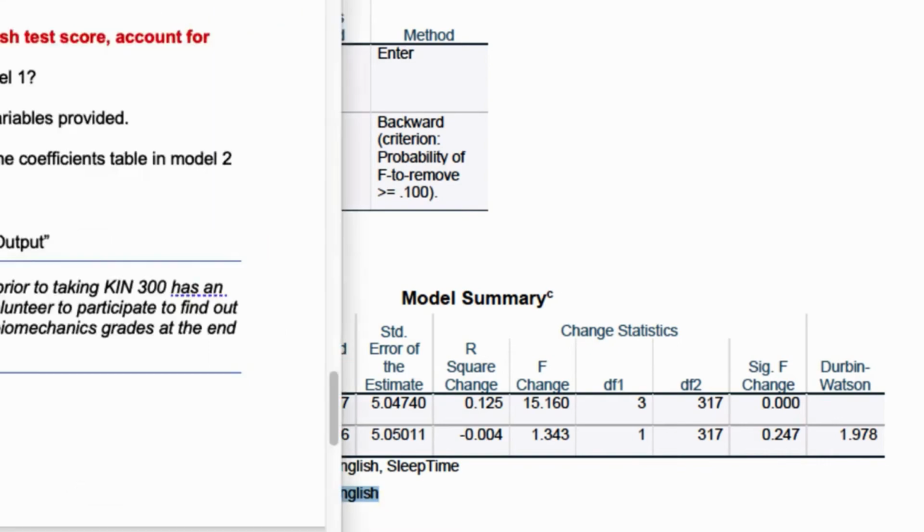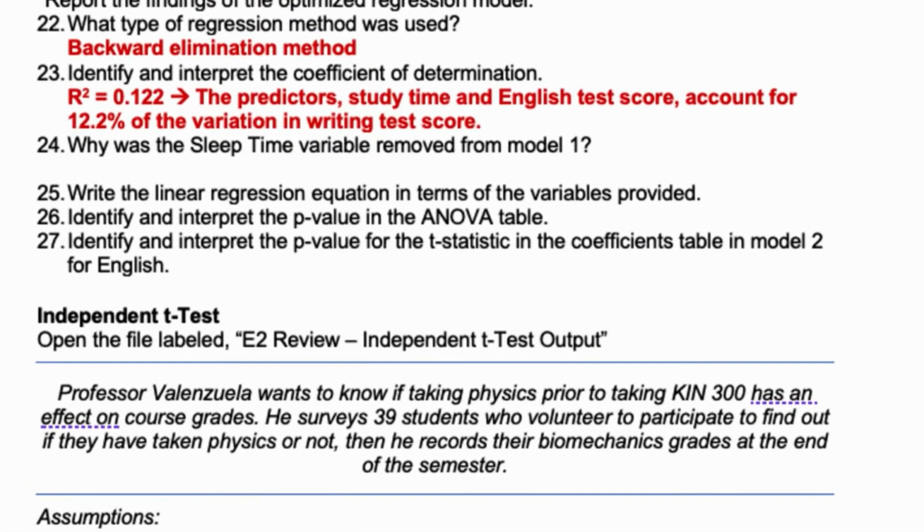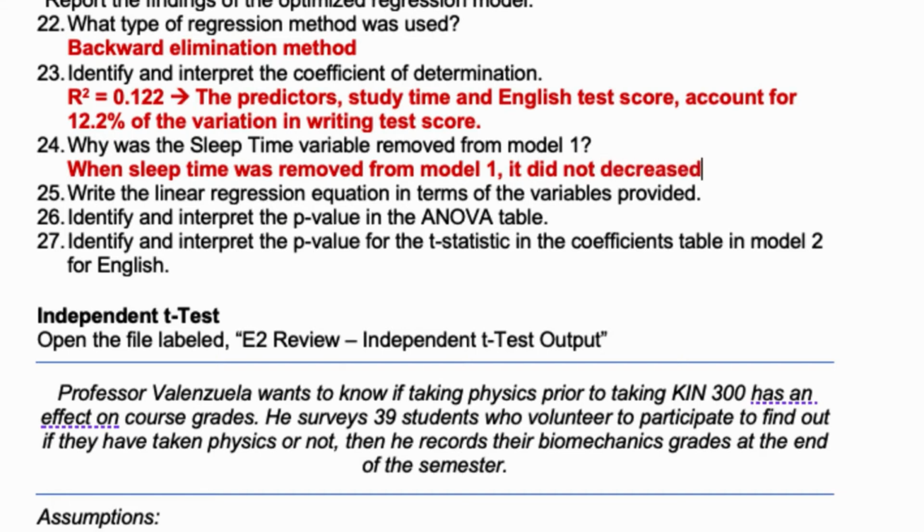So to answer this question up here, why was sleep time removed? We would say something similar to, when sleep time was removed from model 1, it did not decrease r squared significantly.